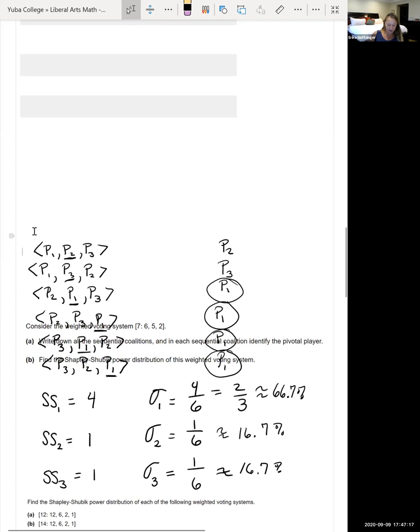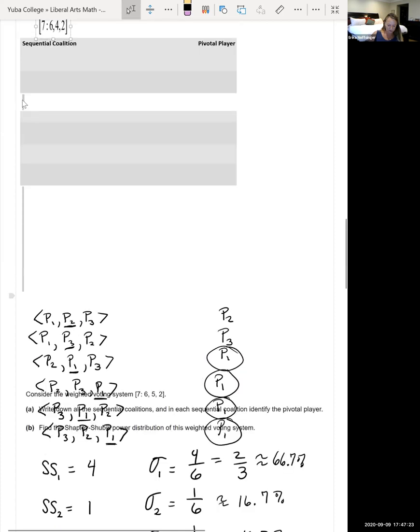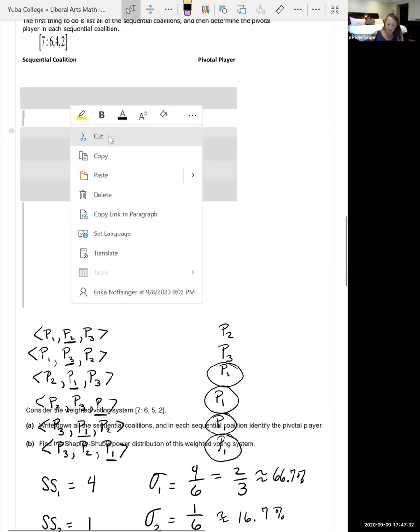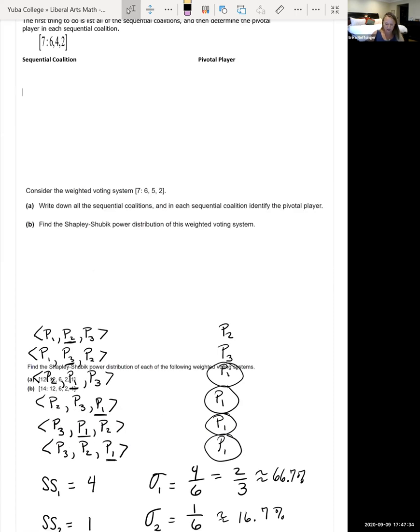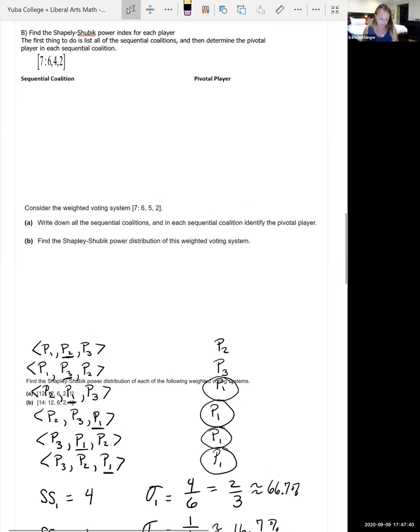I don't know if I can move that now. But basically, they're pretty similar. And I just messed up my whole screen by doing all that.